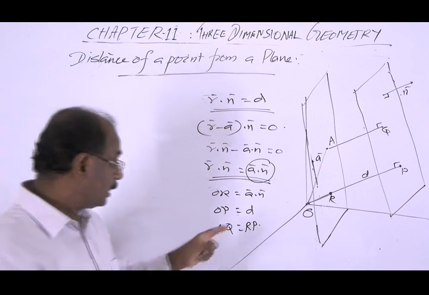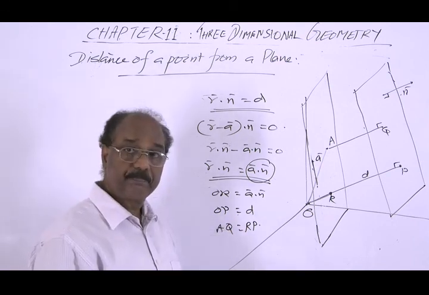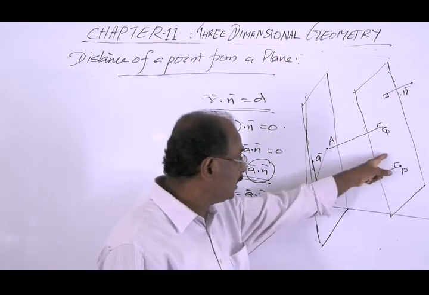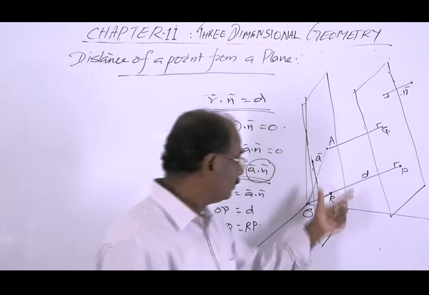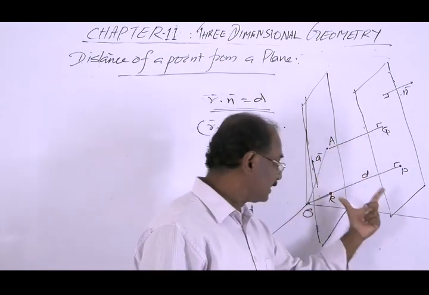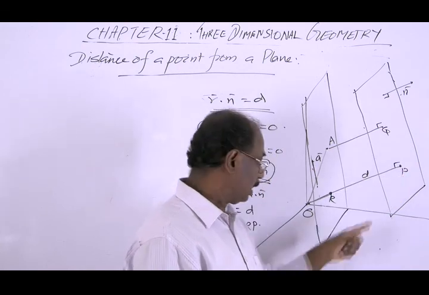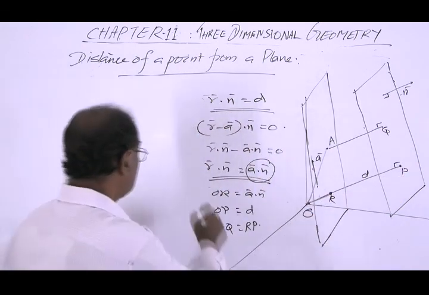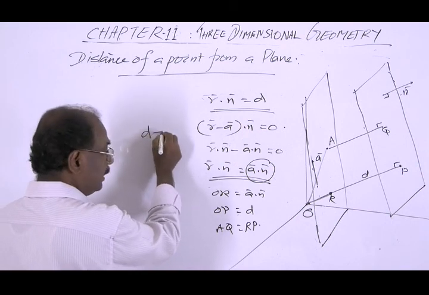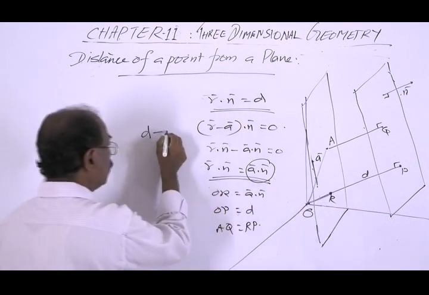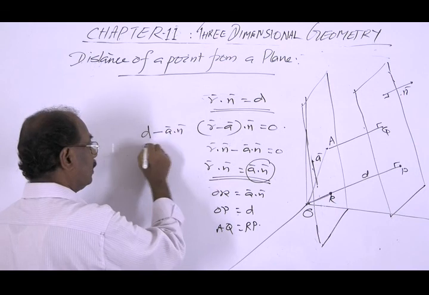Therefore the distance between these two planes is AQ, which is the same as RP, and this is equal to d minus OR, which is a dot n. That is, d minus a dot n.